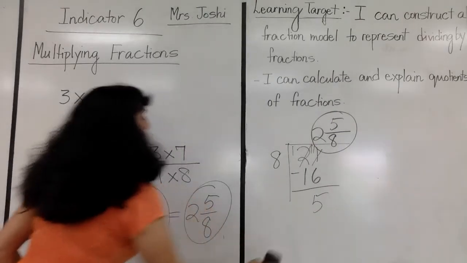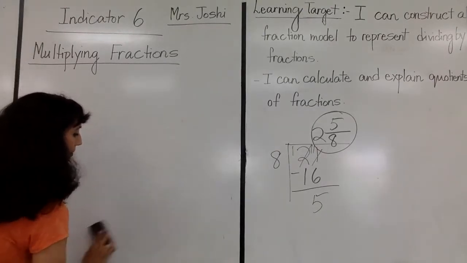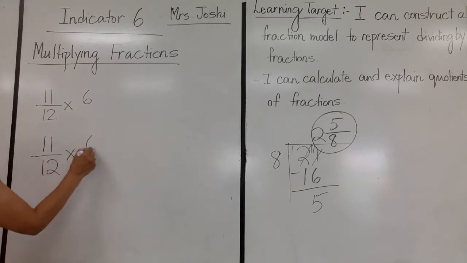So let me talk to you about what I was saying about simplifying. So if I have 11/12 times 6, all right, I'm going to convert my 6 to a fraction, so 6 over 1.